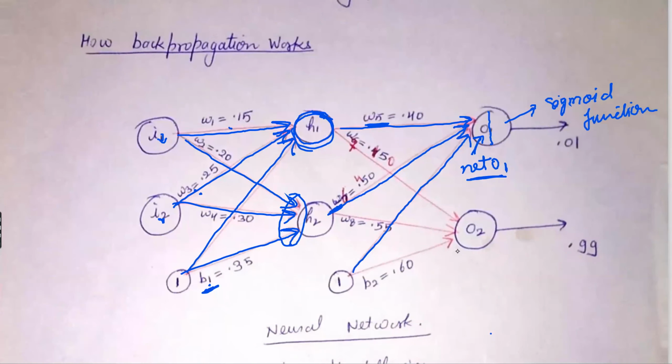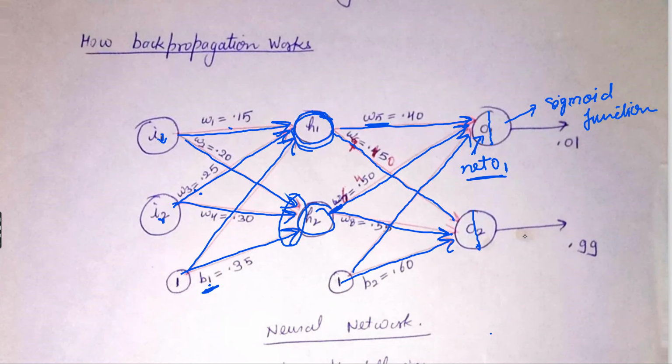In a similar way, we will calculate the output of O2. How will we calculate it? The output of H1 multiplied by W7, the output of H2 multiplied by W8, plus the bias value. After calculating this net O2, we will apply the sigmoid function and the output will be generated.